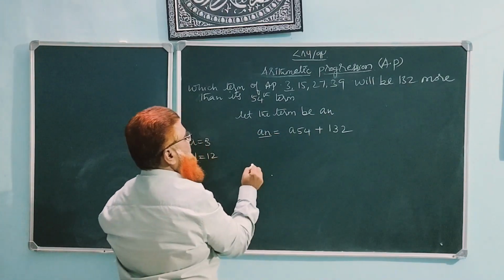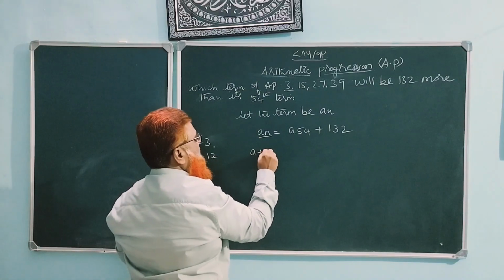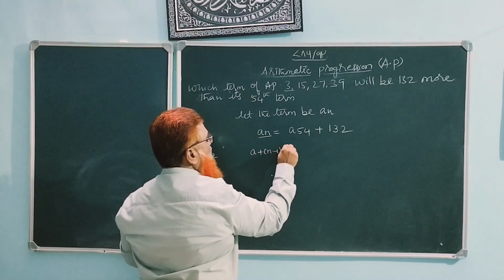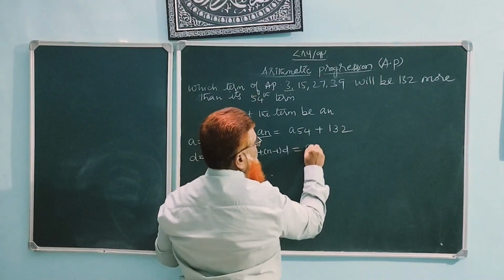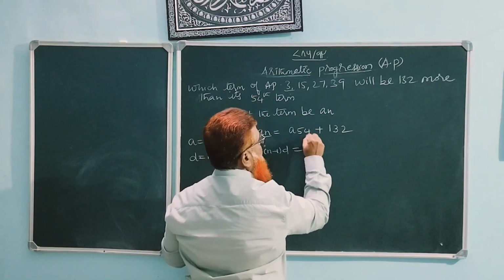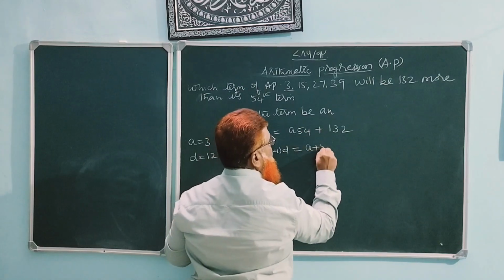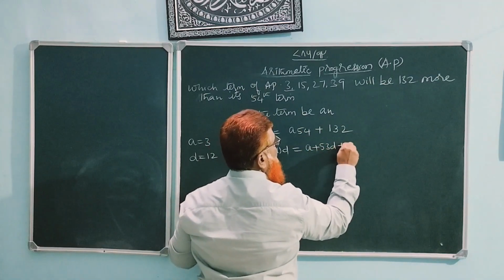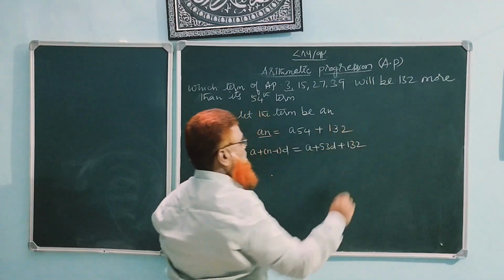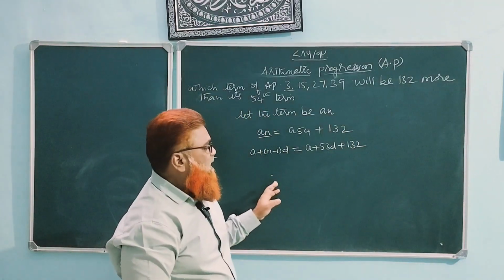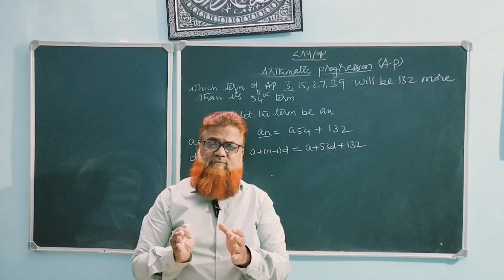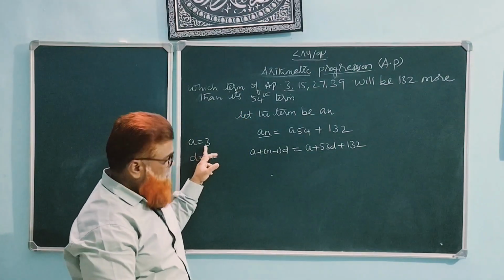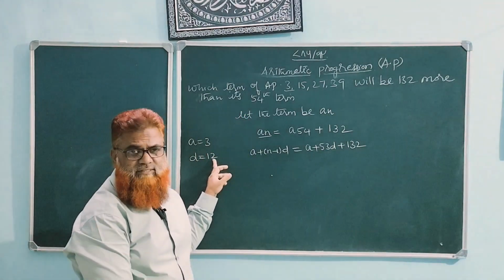Write this: the left hand side, a plus n minus 1 into d, is equal to the right hand side, a54, which is written as a plus 54 minus 1, that is 53d, plus 132. What are the known elements? We have the first term 3 and the common difference 12.